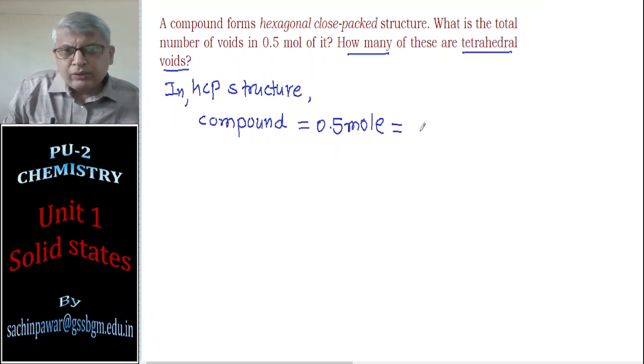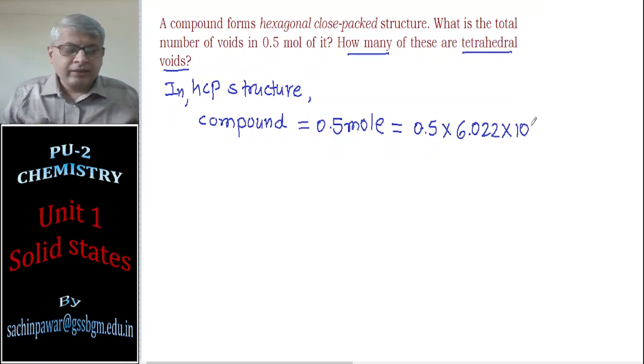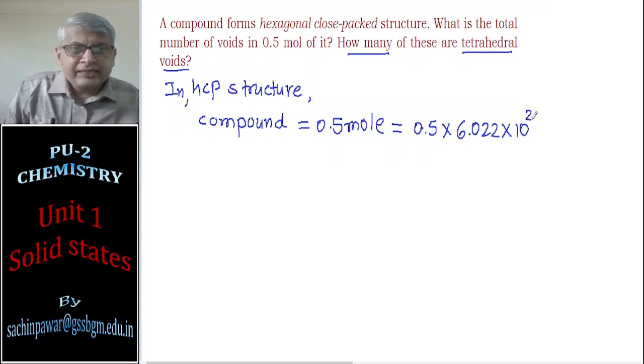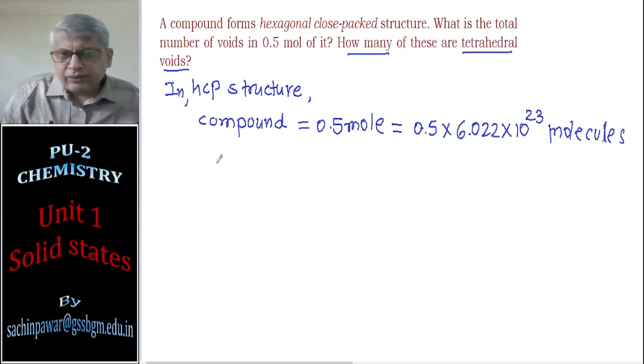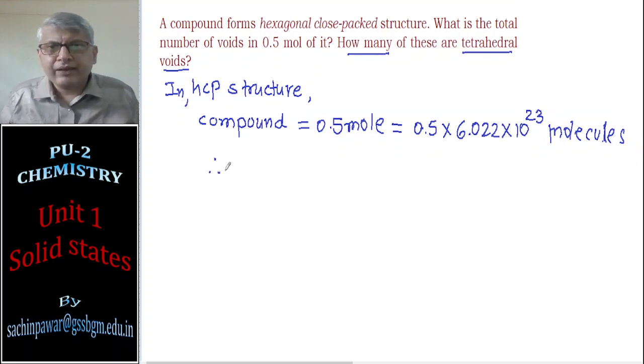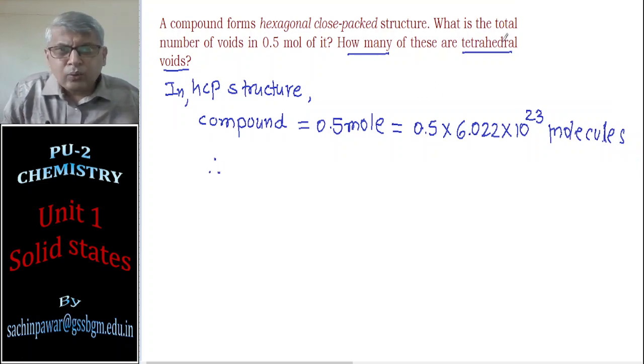So this is equal to 0.5 into Avogadro's number, which is 6.022 into 10 to the power 23 particles. If I say molecules, a compound will have molecules. So these many molecules are forming HCP. So obviously, they have asked me what now? What is the total number of voids?